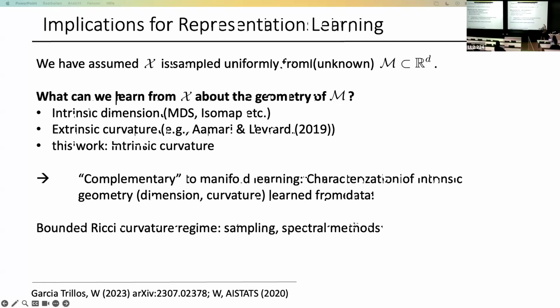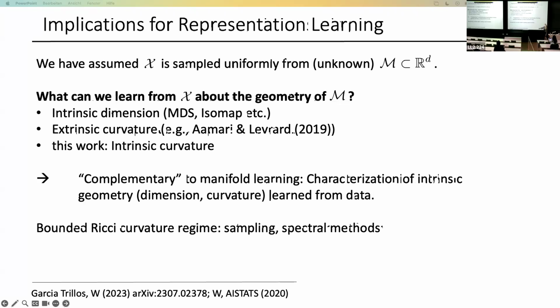Thinking now about these global curvature bounds, there are some really nice results on sampling and also on spectral data analysis methods that have guarantees of efficiency for manifolds with bounded Ricci curvature. Being able to certify that a certain data set or manifold falls into that regime is very valuable from that perspective.